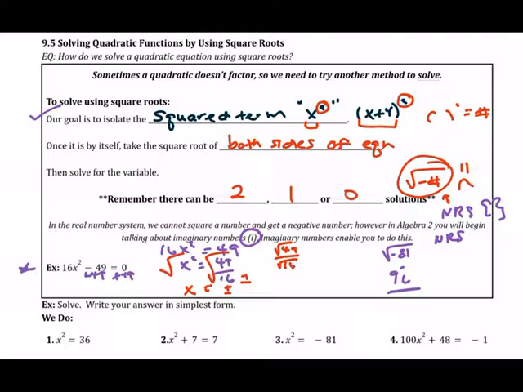The square root of 49 is 7. The square root of 16 is 4. So this final answer is going to be plus or minus 7 over 4. So isolate the squared term, take the square root of both sides, don't forget your plus minus, and then solve for the remaining variable. Let's look at some more examples.